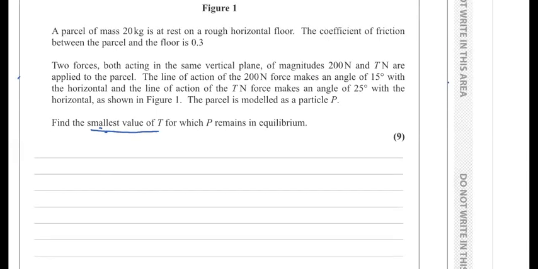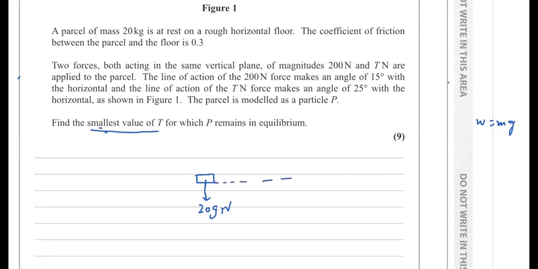As it is given the parcel has mass 20 kg, so I will make the parcel here, 20 kg. Its weight will act vertically downward, which will be 20g Newton, because we know that weight is equal to mass times gravity. And the two forces are already shown with the horizontal.